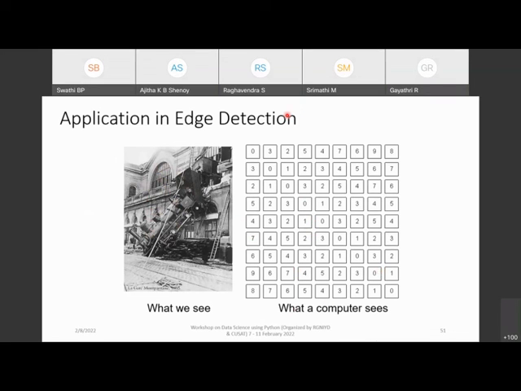For the computer, it is just numbers, a two-dimensional matrix, and each value represents the pixel light intensity of that particular point. So the number of pixels is represented by m cross n. There will be m rows and n columns, and the image is represented by an m cross n matrix, where each matrix value is an integer.